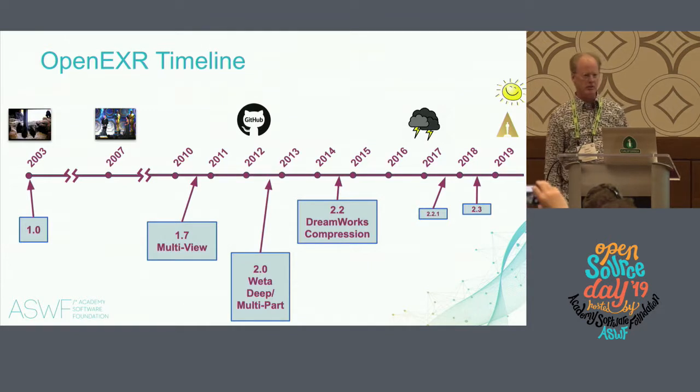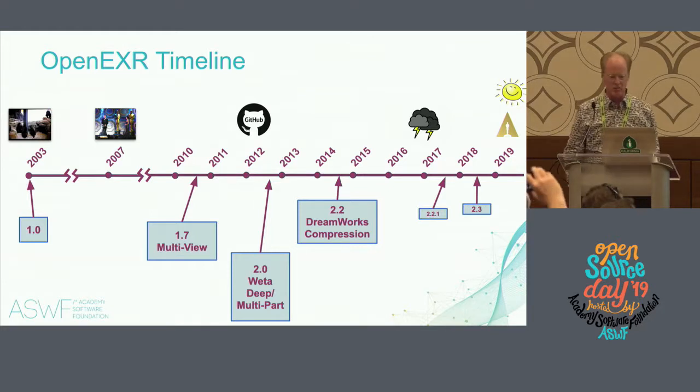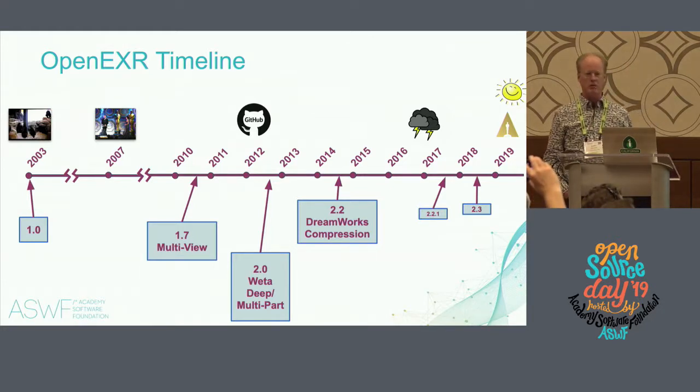A little bit of history. Started in 2003, first release in 2003. Florian wins SciTech Award in 2007. 2010, 12, 14, major new features from Weta and DreamWorks. And then a period of dormancy, 15, 16, 17, not much happening.